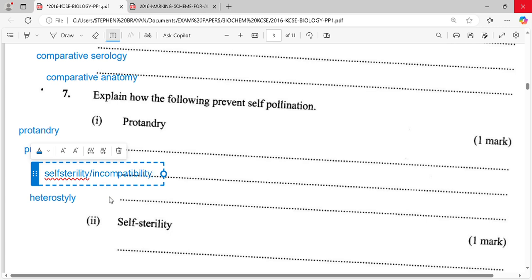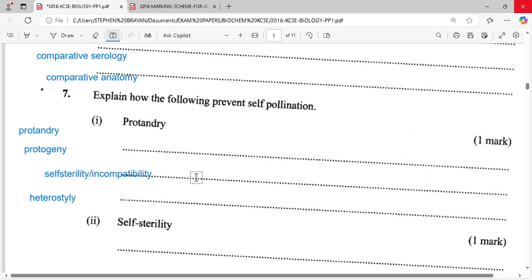Okay? So in the question you're asked to explain how the following factors affect self-pollination. Protandry is where the male part, that is the androecium, matures faster to shed pollen grains before the female part is mature to receive the pollen grains.